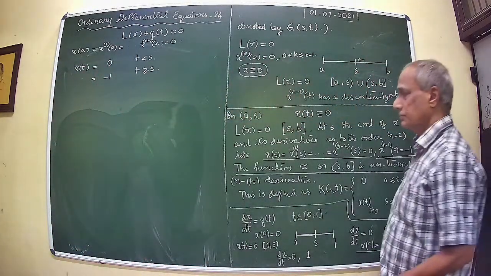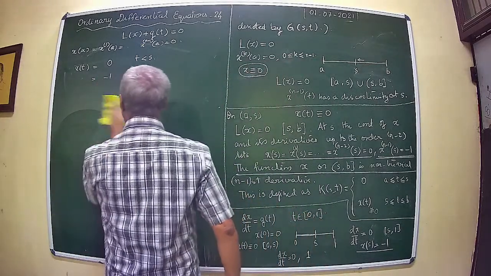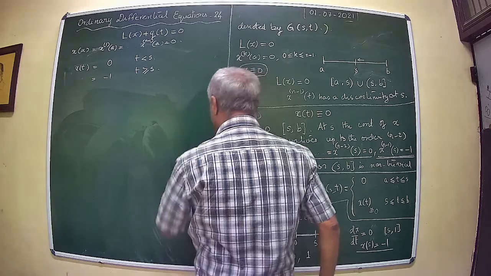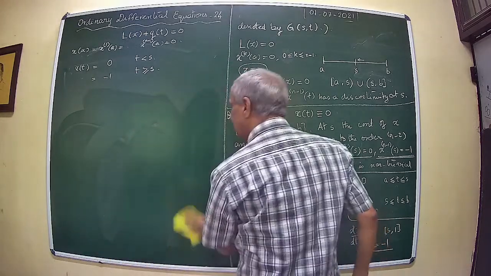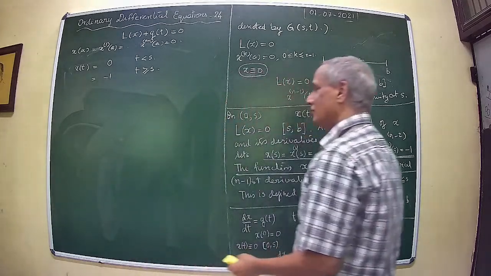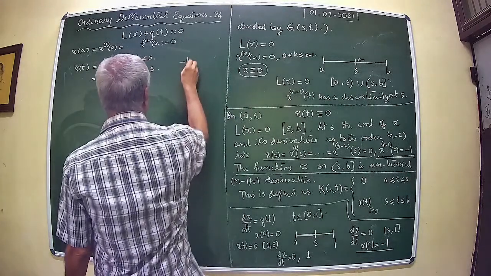This is the function. The function itself has a discontinuity, and this is what is called your sort of minus h that you have. Okay, in our earlier notation it is going to minus h.